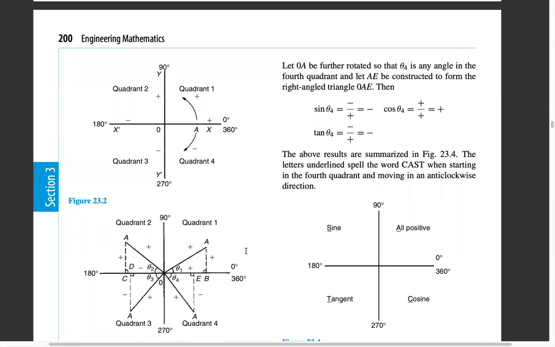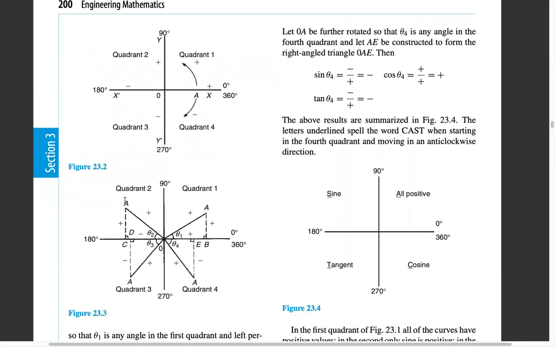If you have an acute angle less than 90 degrees, sine, cosine, and tangent are positive. The sine of an acute angle is positive, the cosine of an acute angle is positive, the tangent of an acute angle is positive. When the angle crosses 90 degrees, the triangle ends up in the second quadrant here.